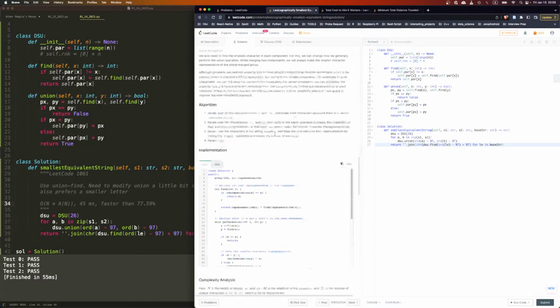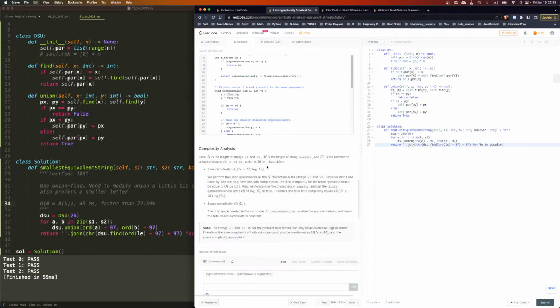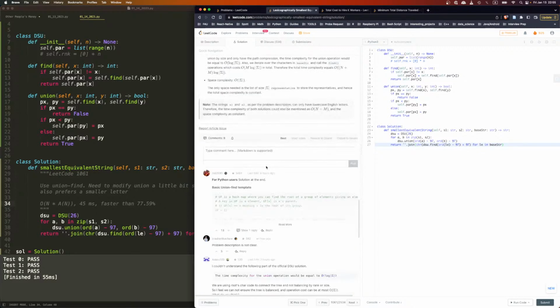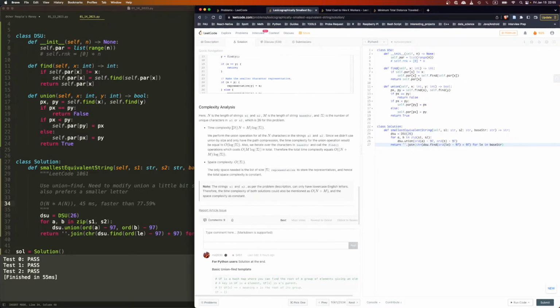Yeah, union find. Oh. What's a sigma? Number of unique characters. Oh. Log sigma, whatever this is.